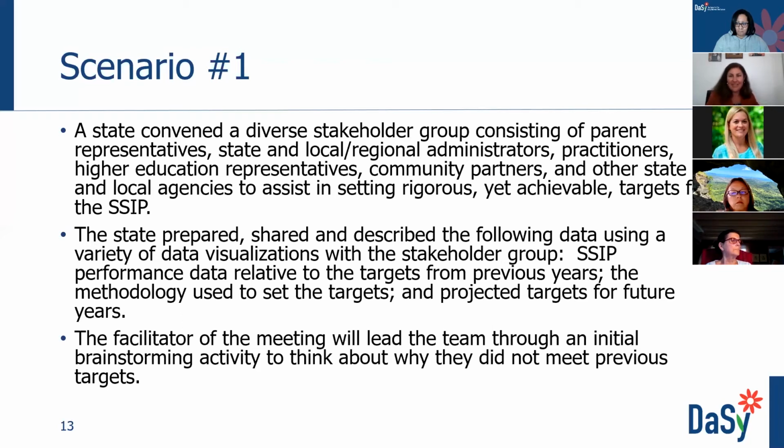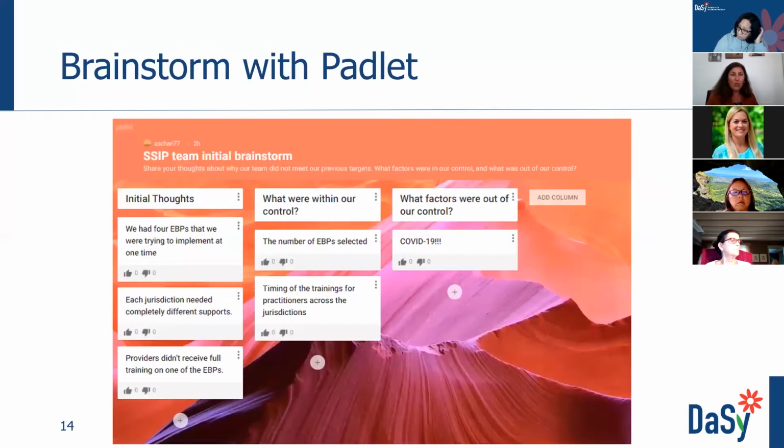Thank you. So when you think about this scenario, we do not have data to look at currently because this is hypothetical. But say you were looking at this data, we are modeling for you how you could use the Padlet tool to set up a brainstorm. If you go into Padlet, you can actually create a wall.